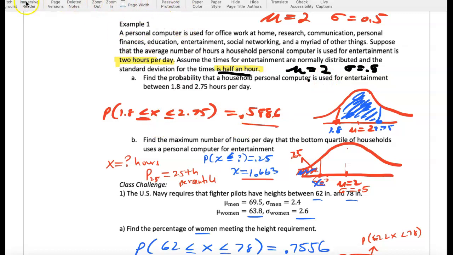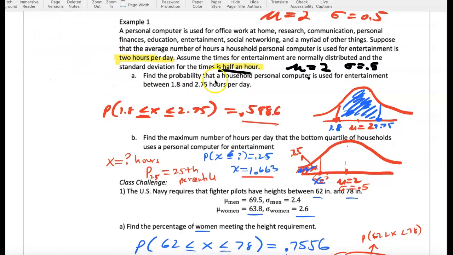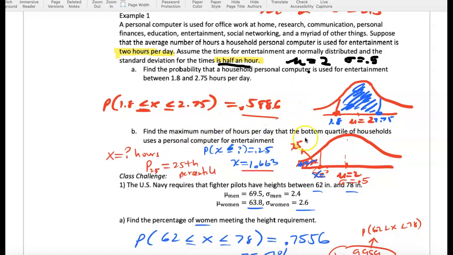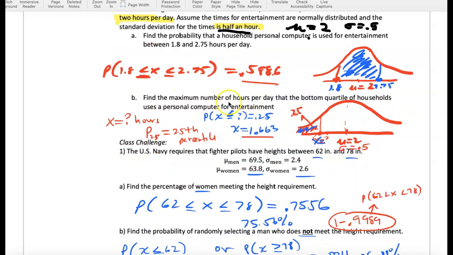In the past, you drew the normal curve, marked the mean, and counted standard deviations. In the real world, not everything is on a standard deviation. It could be a z-score of 1.3, 1.75, or negative 2.22, so that's why the calculator becomes important. So we're trying to find the probability between 1.8 and 2.75.